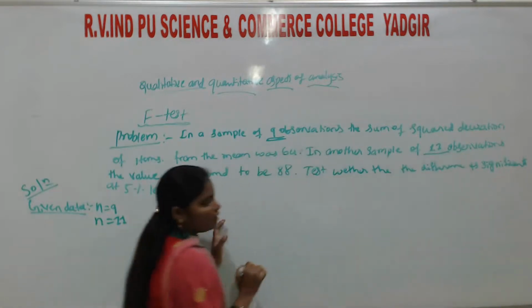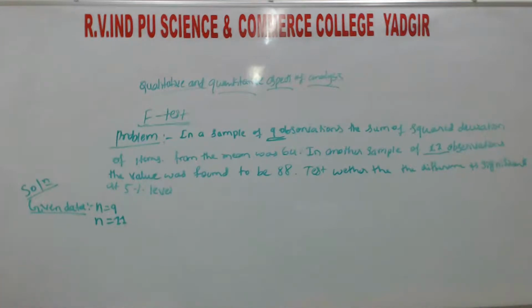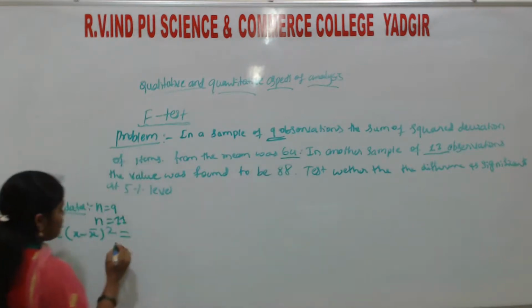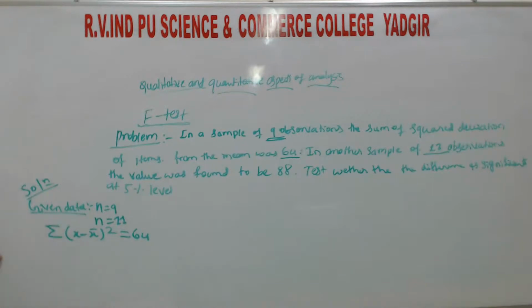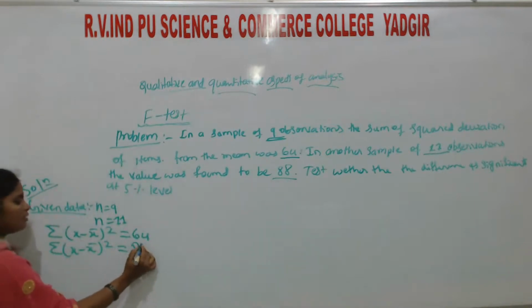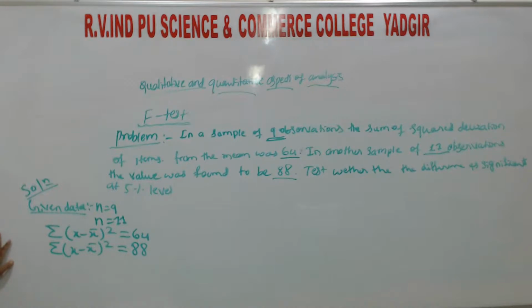The summation of x minus x bar whole square is equal to 64, and another summation of x minus x bar whole square is equal to 88.